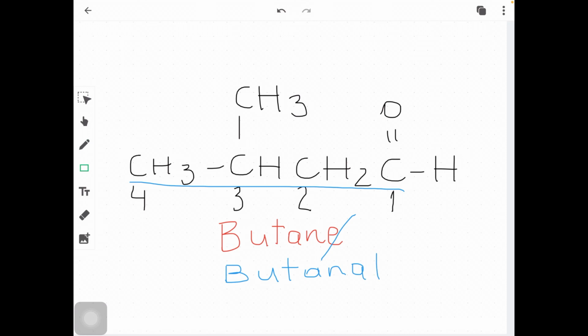Now, let's find if we have something else. As you can see, we have a methyl here. So now that we have our longest chain and our methyl group, we can name our aldehyde.